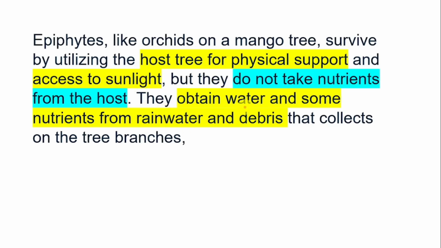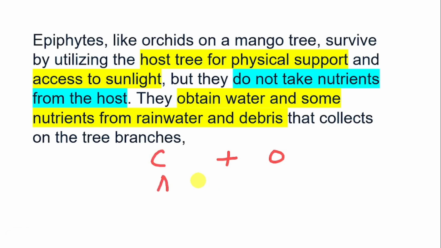They obtain water and some nutrients from rainwater and debris that collect on tree branches. It is not feeding on the mango tree, so only the orchid is benefited and there is no harm to the mango tree. Such an association, where one is benefited and the other is unharmed, is called commensalism.